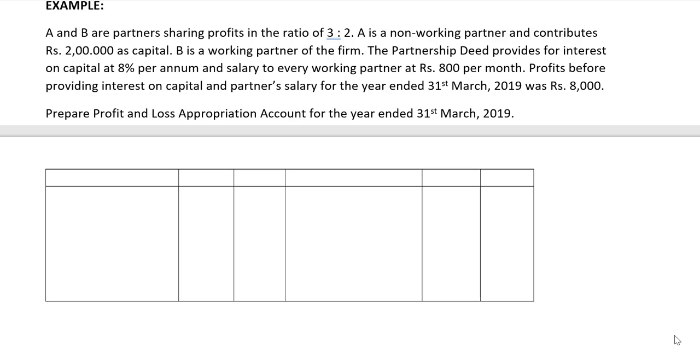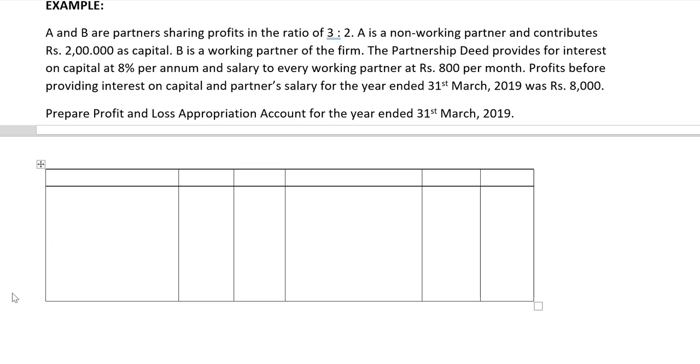The profits before providing for interest on capital and the partner salary for the year ended 31st March 2019 is rupees 8,000. Prepare the profit and loss appropriation account for the year ended 31st March 2019.